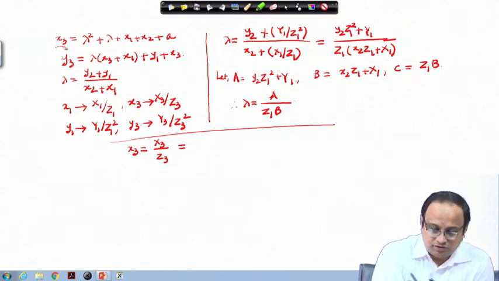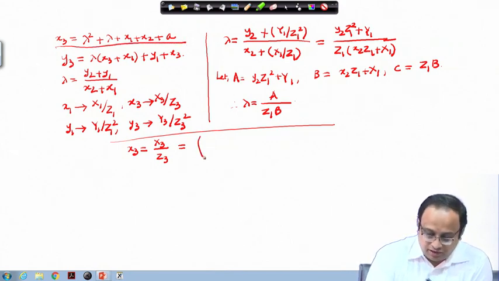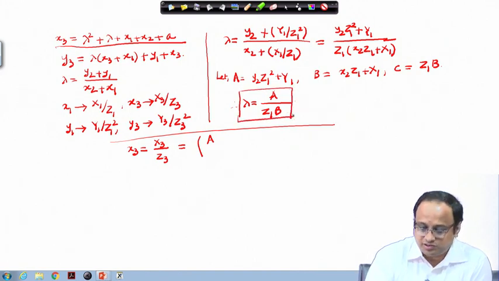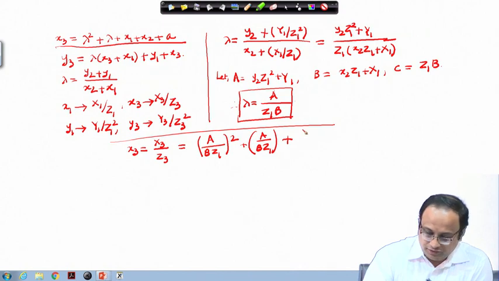Using this value of lambda, I can write this as A divided by B Z1 square plus A divided by B Z1, plus X1 by Z1 plus x2 plus a.